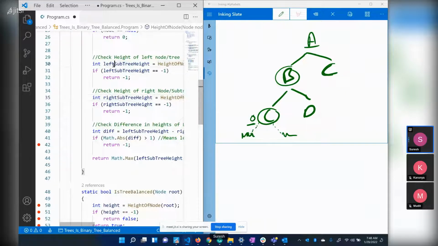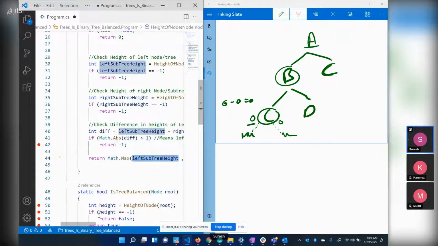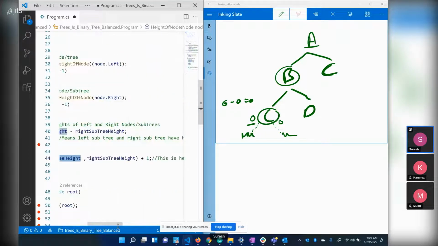So we got left subtree height 0 and right subtree height 0. Now both are not minus 1, so we don't return minus 1. What we do is the difference: 0 minus 0 equal to 0. Is it greater than 1? No. Now max height, left subtree height is 0, max of 0 and 0 is 0, plus 1.